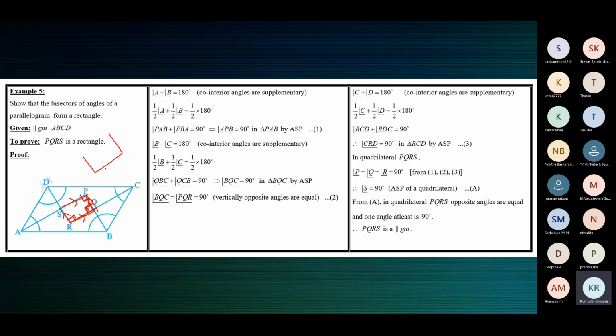These are the two lines, this is the transversal. So this way you can say that both the pairs of opposite sides are parallel and hence PQRS is a parallelogram. You are right, Sangamitra.